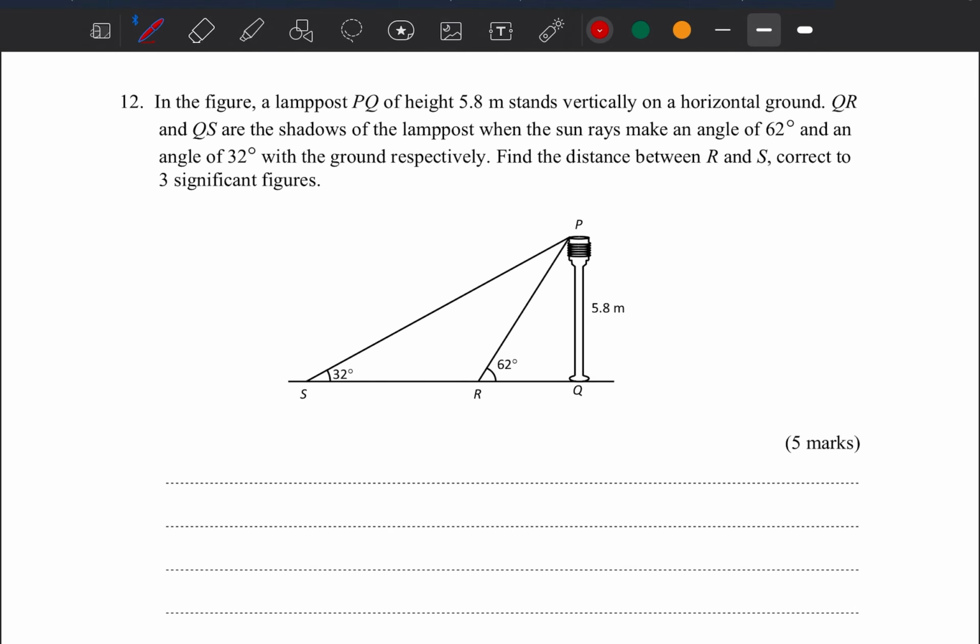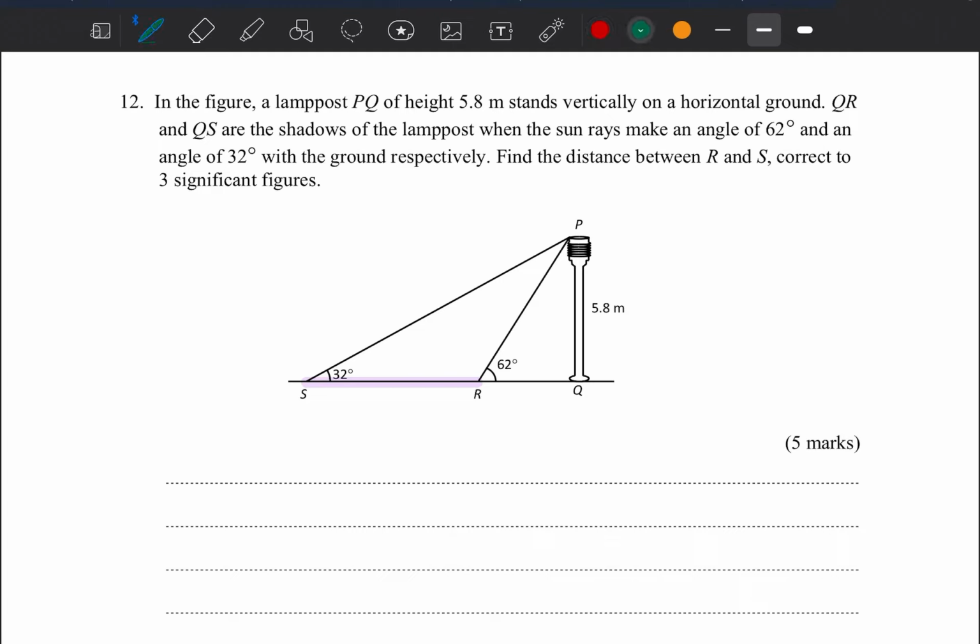So here come the sine, cosine, tangent questions. In this figure, you have a height of 5.8 for the stands, and those are the shadows, and they have the angles written there. Find the distance between R and S. Okay, so all the information is drawn on there.